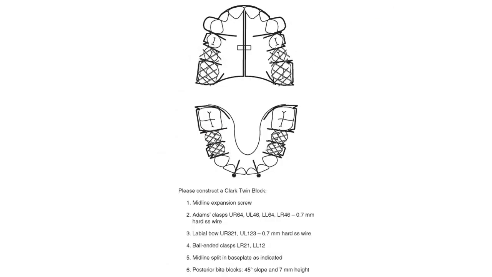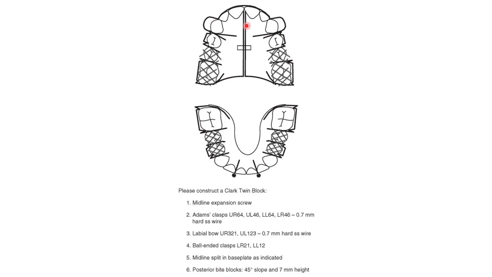Okay, these are extra notes on how to draw the design of twin block functional appliances. In this case, they use a labial bow on the upper part of the twin block. If we use an upper bow and there is an expansion screw, once the screw is activated, the labial bow will become tight.